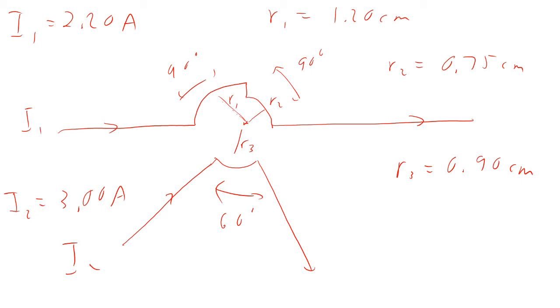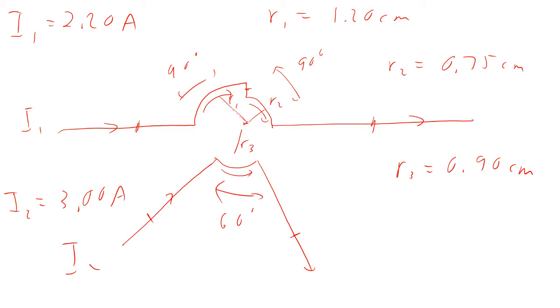Okay, so think about that, and you say, okay, the magnetic field due to this and this and this and this. So the magnetic field of the segments going radially are all 0. So all we have to do is find the magnetic field of this current, of that current, and of this current.